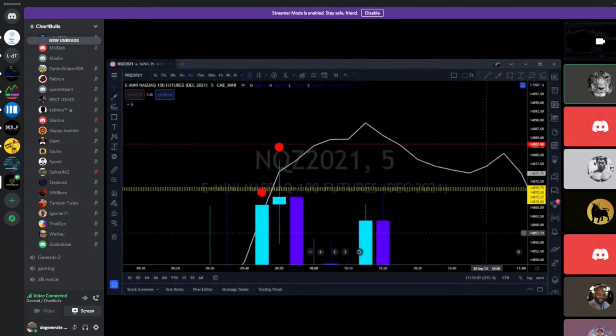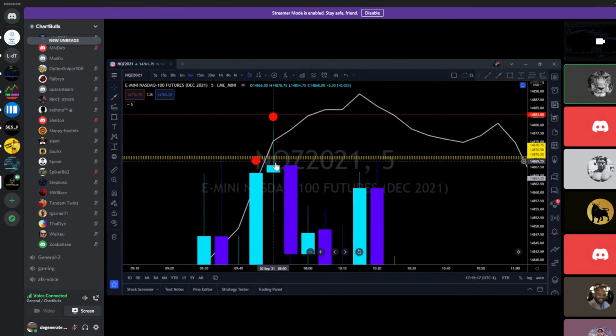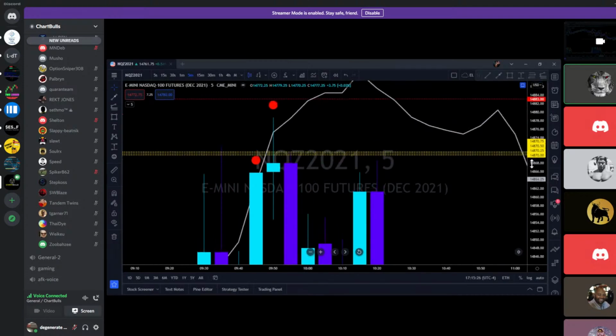So my brackets would be set up to look something like this. If price was coming up in here, these were my sell orders, and these are my bracket stop orders. Until this thing is broken, these orders never even show up, but they're stacked in here just the same as these orders are stacked up.